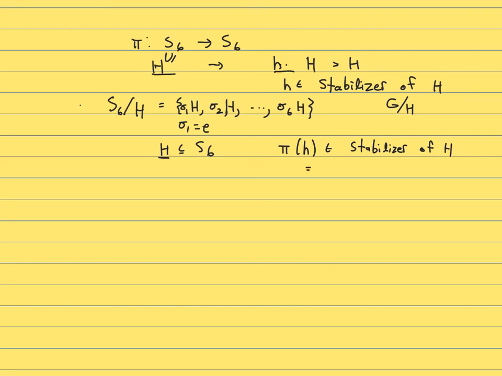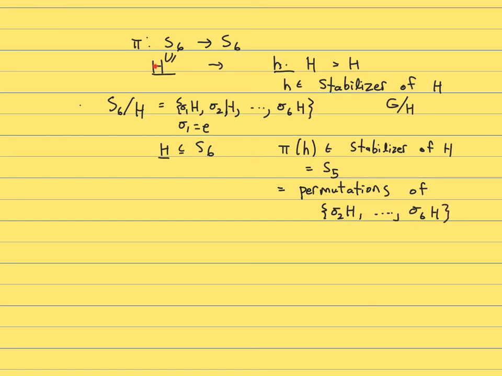In particular, it's another version of the symmetric group, namely S5, here being viewed as permutations of the cosets sigma 2 H through sigma 6 H.